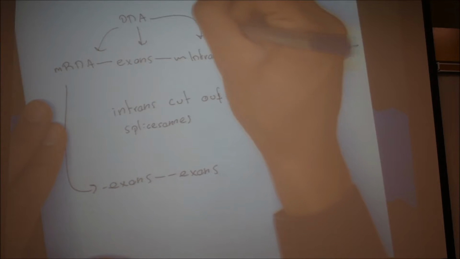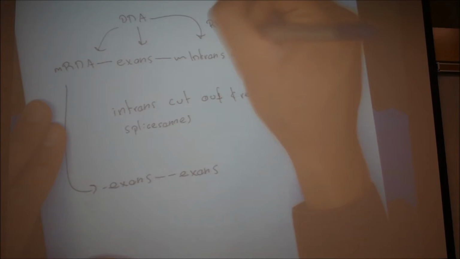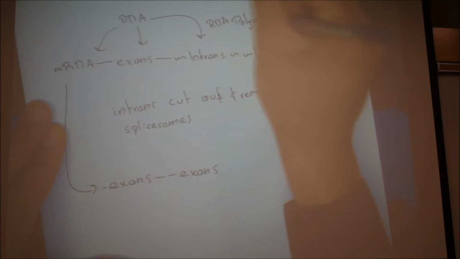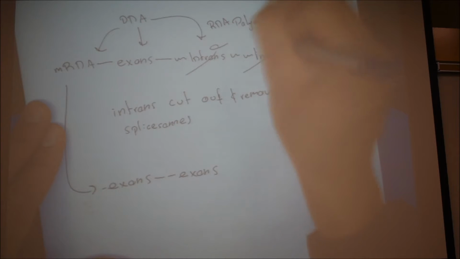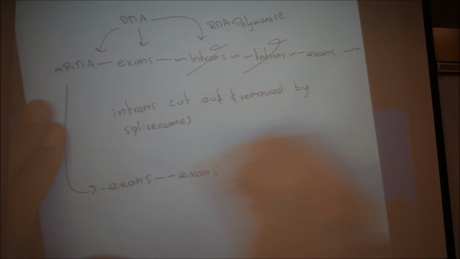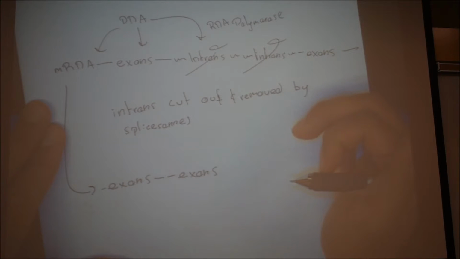All right, so DNA, you get mRNA. And this is all from RNA polymerase, right? And then you get this mRNA. Inside your mRNA, you cut the introns out. And then what you get in the end are exons. So exons are basically genetic information that's expressed, whereas introns are not expressed.